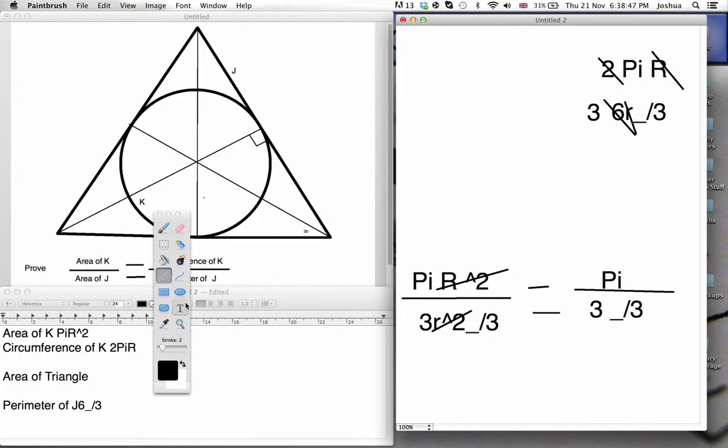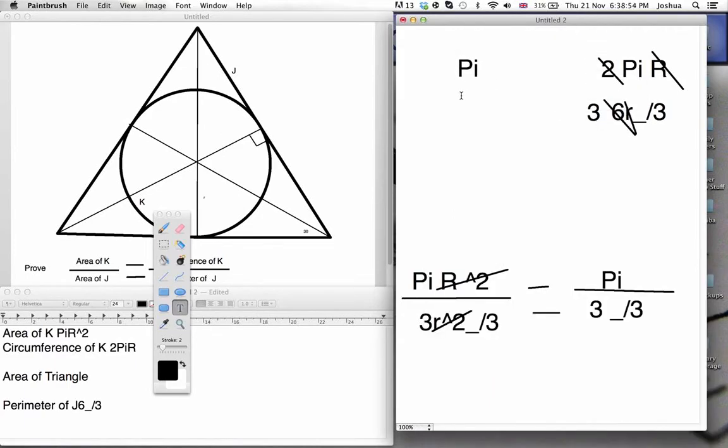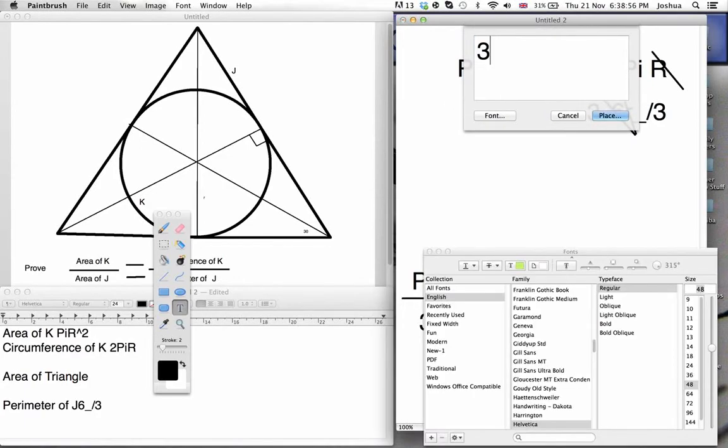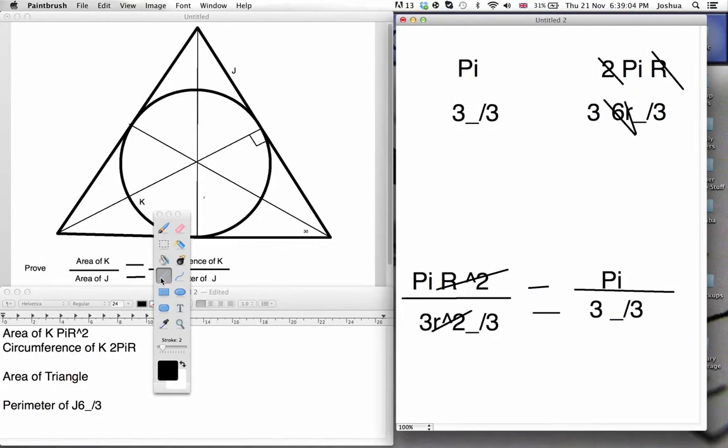I know I've used capitals, so it's not really perfect. And that is going to equal pi over 3 square root of 3. So this one cancels out into pi divided by 3 root 3. This one cancels out into pi root 3.